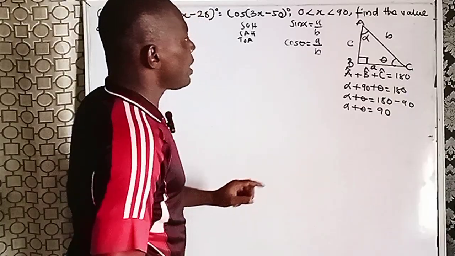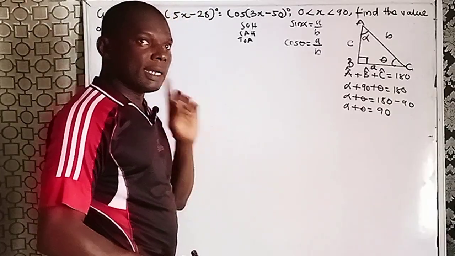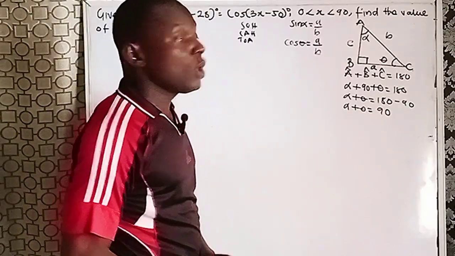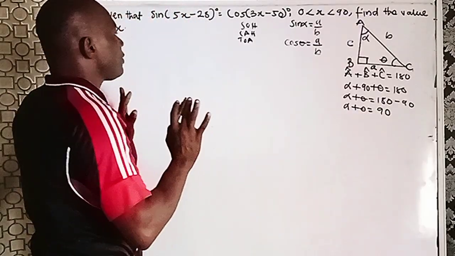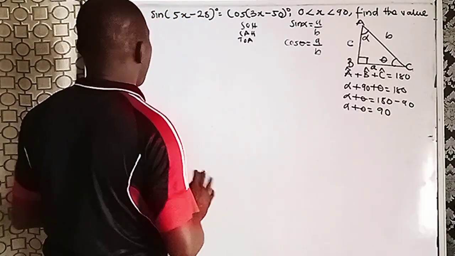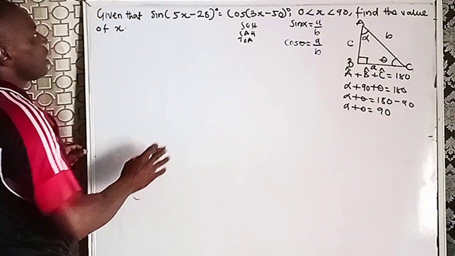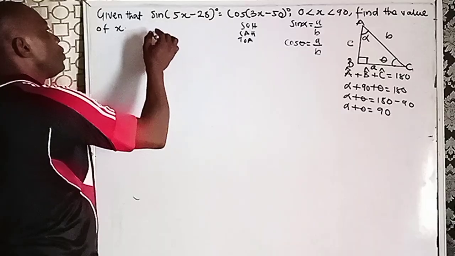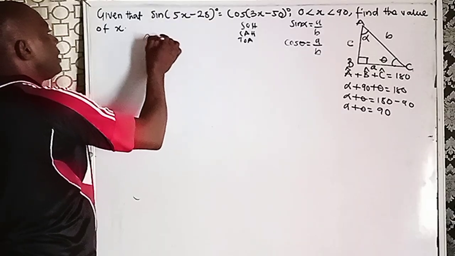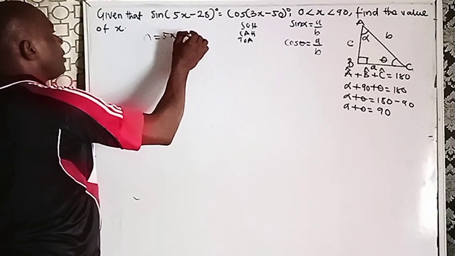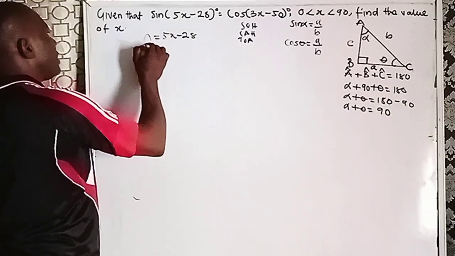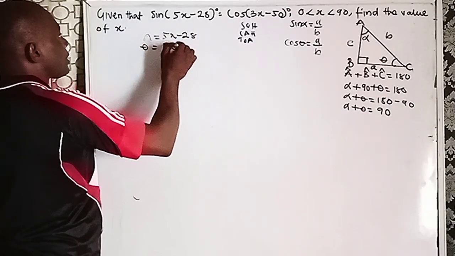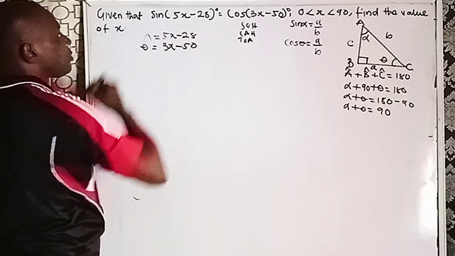We have also established the fact that alpha plus theta is already 90. So we don't need to bother ourselves resolving this question the long way. Alpha here is 5x minus 28, and theta is 3x minus 50.